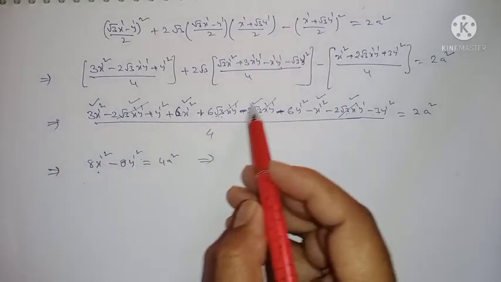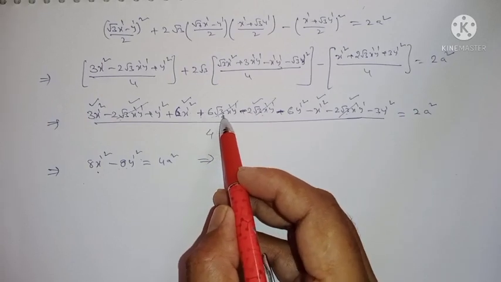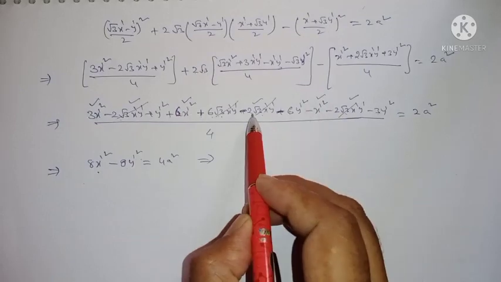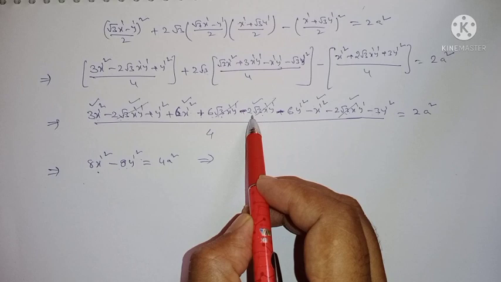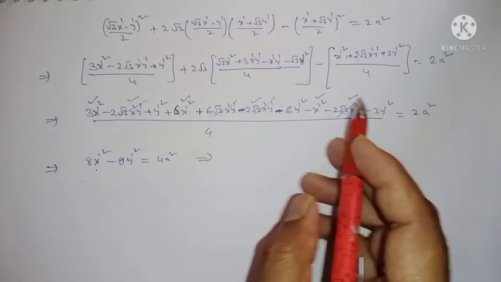Got it? Okay. Next observe the x dash and y dash terms: plus 6 root 3 x dash y dash, minus 2 root 3, minus 2 root 3, minus root 3, minus 2 root 3. This is minus 6 root 3 x dash y dash plus 6 root 3 x dash y dash. This will cancel.